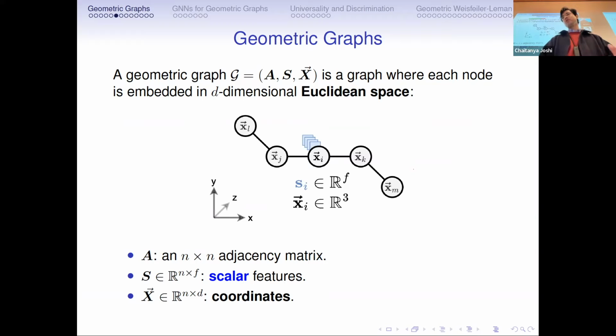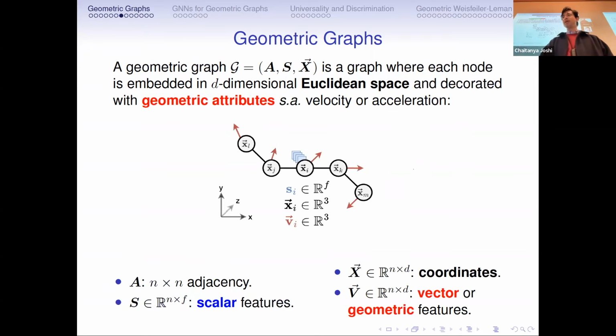So molecules have atoms, and these atoms are usually located somewhere in space. We can make this even more interesting, and we can consider other geometric attributes attached to each node. So quite simply, for example, each of your atoms could have a velocity or an acceleration or other geometric quantities.